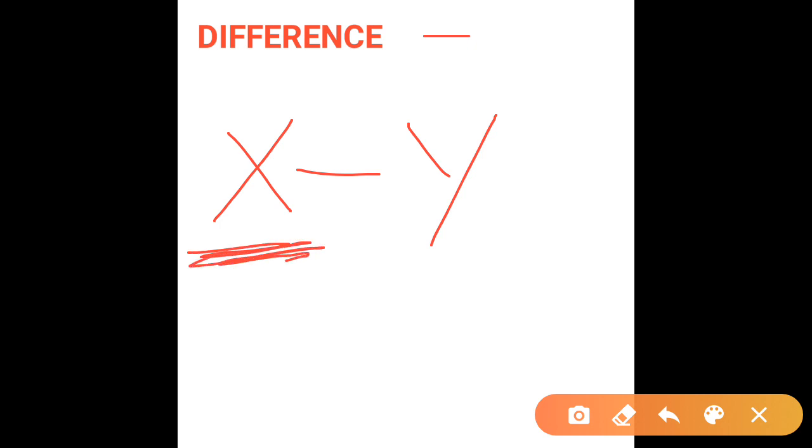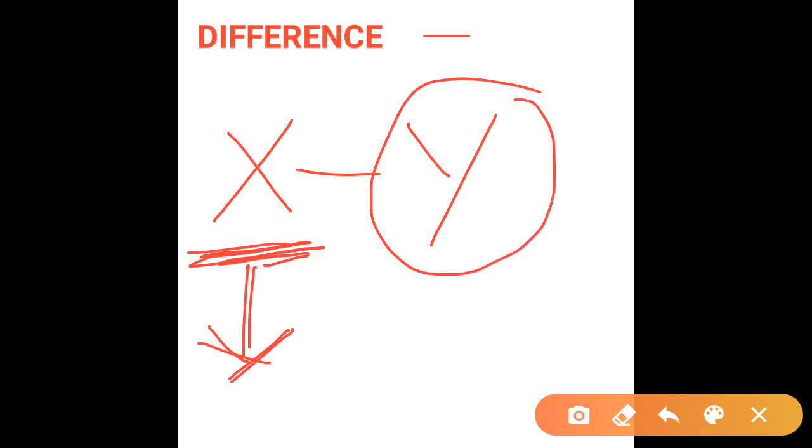So always if you do x minus y, you should first of all cut the common or similar elements in both sets. Then after that you should always write the first set's remaining elements only, not y elements. If any element is remaining in y, no need of y elements.